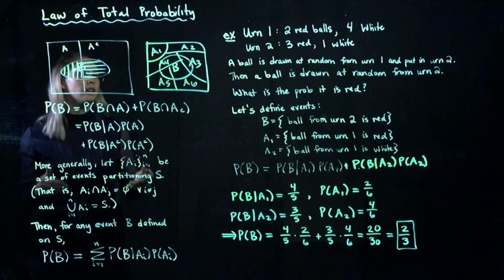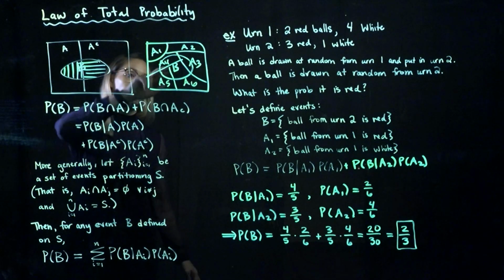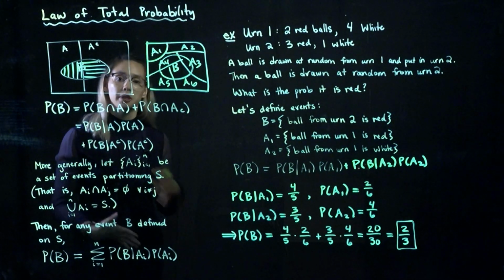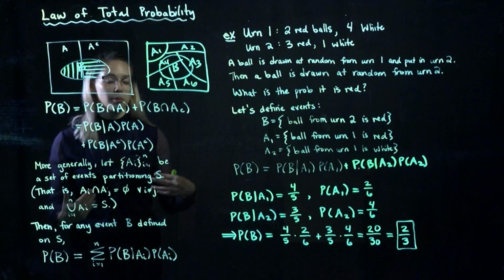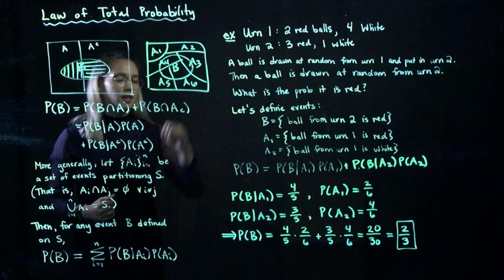So we could do a similar thing here. The probability of B is equal to the probability of B intersect A1 plus the probability of B intersect A2 plus the probability of B intersect A3 plus the probability of B intersect A4, and so on, all the way to the probability of B intersect A6.